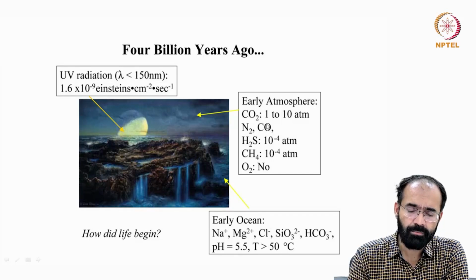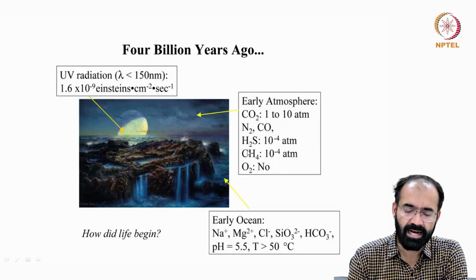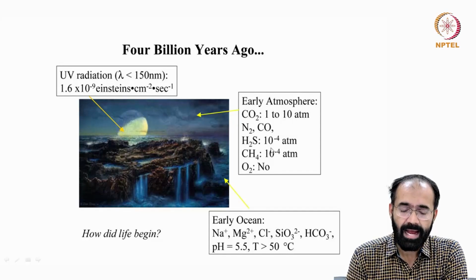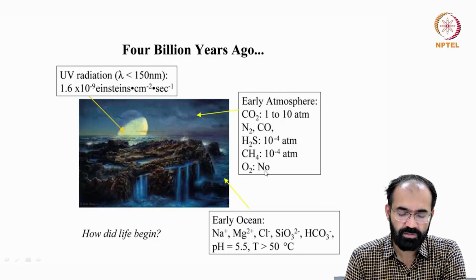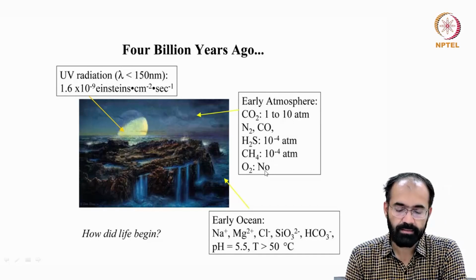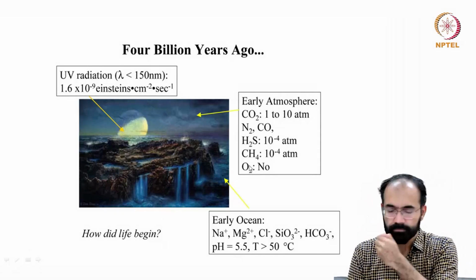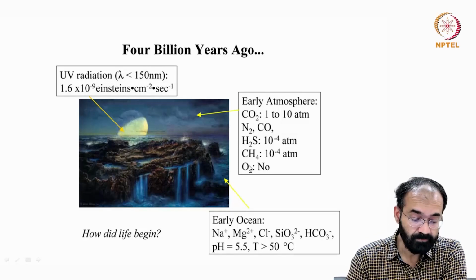Plenty of carbon dioxide, plenty of nitrogen, carbon monoxide, hydrogen sulfide, methane gas, and oxygen was nil, because oxygen was produced much later.